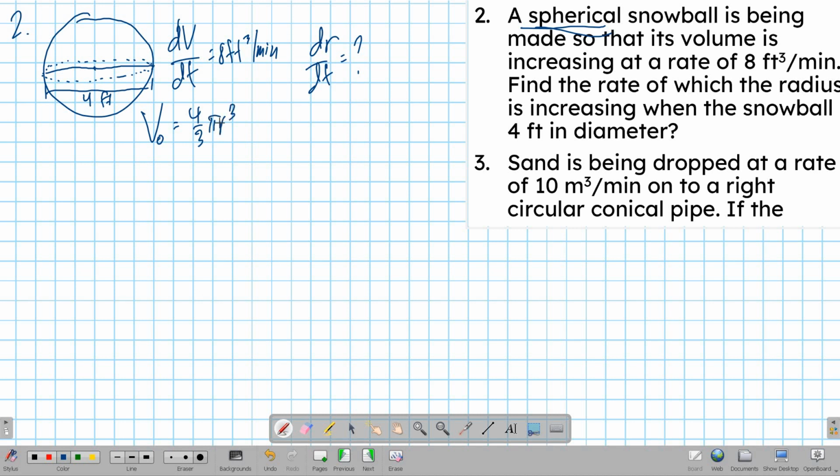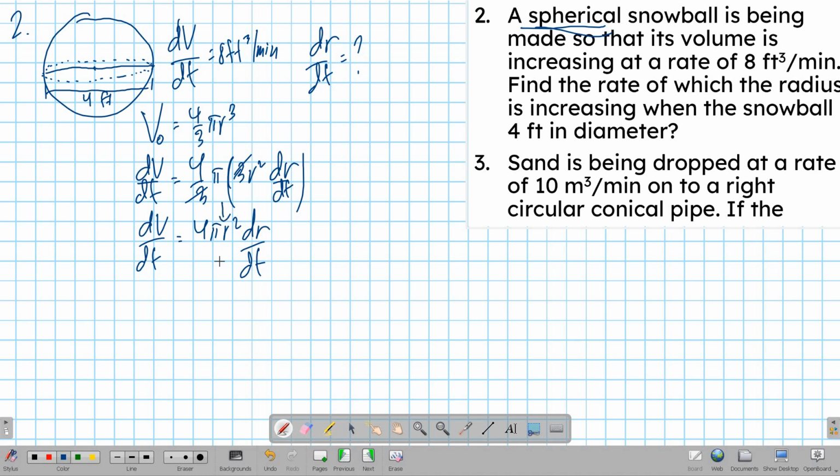If we are now to differentiate this because we have to involve the rates, dV over dt will then equal 4/3 pi times 3r squared dr over dt. Cancelling 3, dV over dt will then be equal to 4 pi r squared dr over dt, which tells us that we would also need r later on.